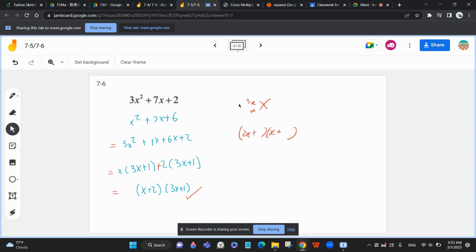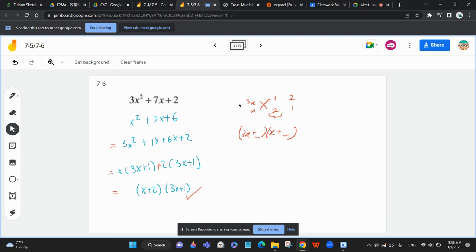Okay, so here there need to be two numbers. Since it is 2, you can only have 1 and 2, right? So either 1 is here, 2 is here, or 2 is here, 1 is here. So you see that this pair is more likely to be correct.